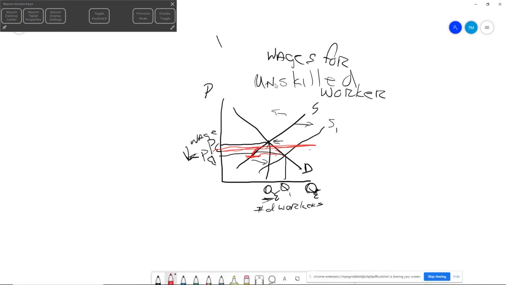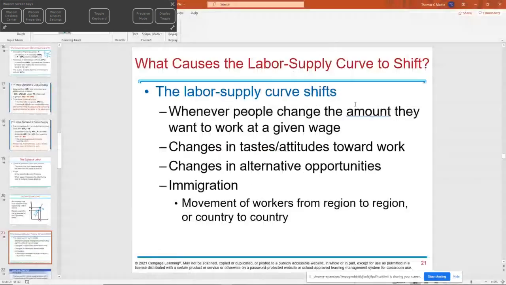Any questions so far? What causes labor supply to change? Whenever people change the amount they want to work at a given wage, changes in taste and attitudes toward work. Do you enjoy going to your job, or do you not enjoy going to your job?